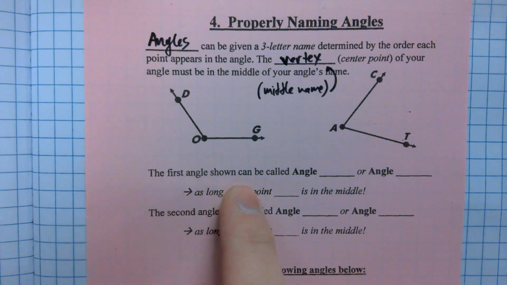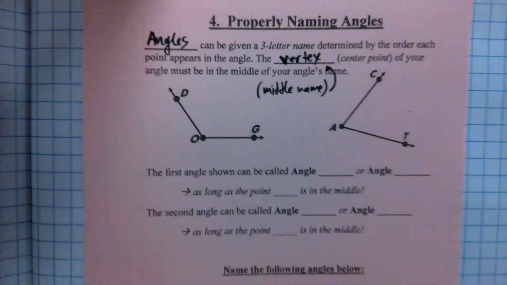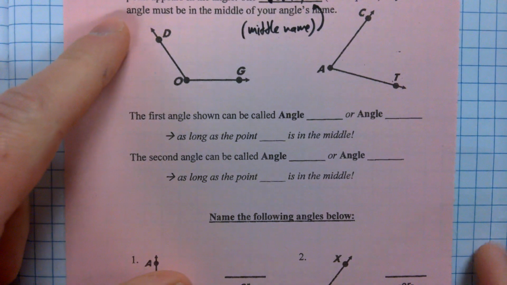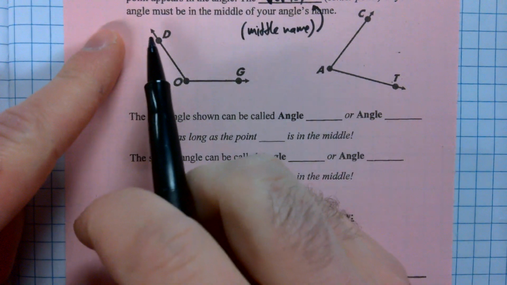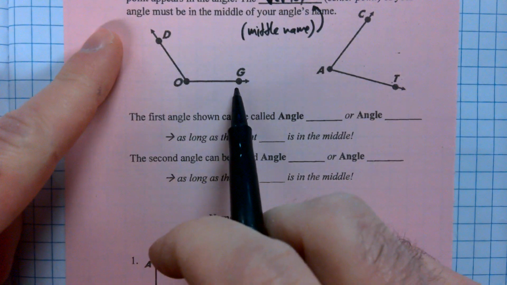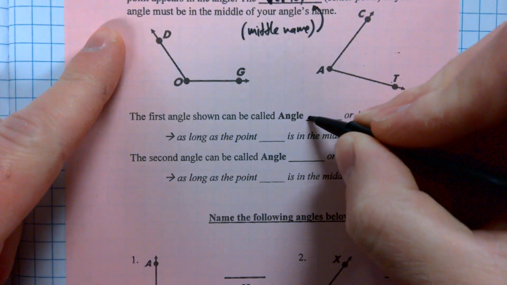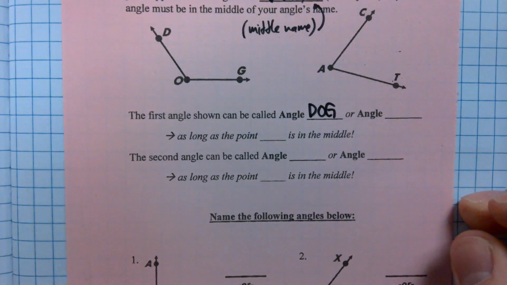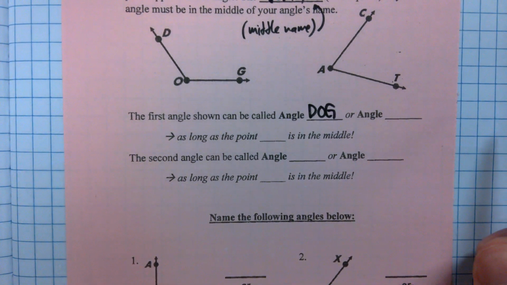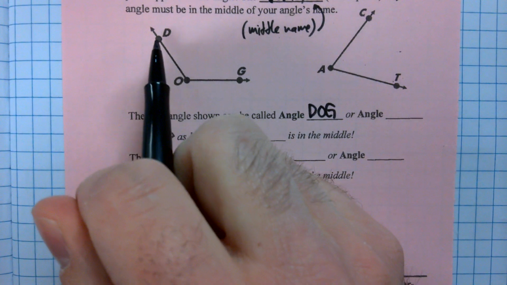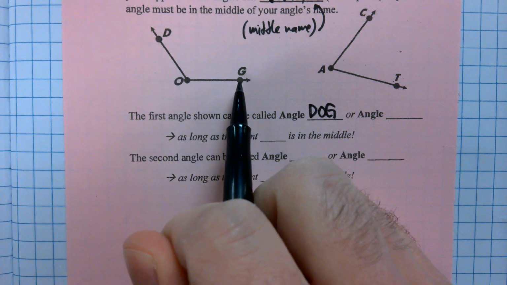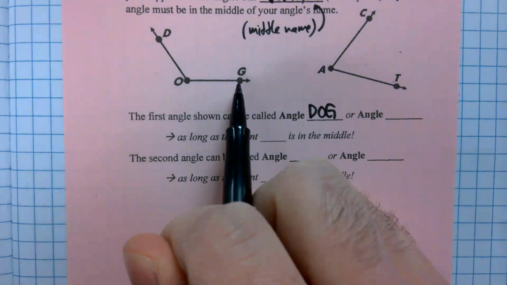So this first angle that we're looking at, we can call it 2 different names. We can call it angle DOG, where D is the first endpoint, O is the middle point, and G is my other endpoint.